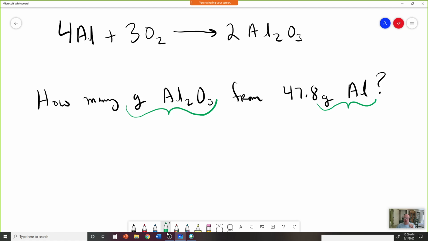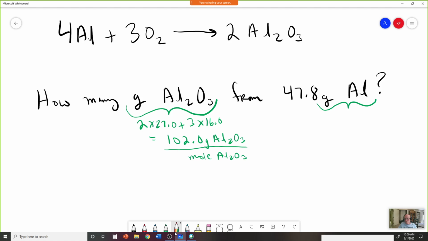And we do here. I see 2 grams. Now they're completely different grams, and I go to my periodic table and I say 2 times 27.0 plus 3 times 16.0. I got those numbers from the periodic table, and I say 102.0 grams aluminum oxide for every mole aluminum oxide.